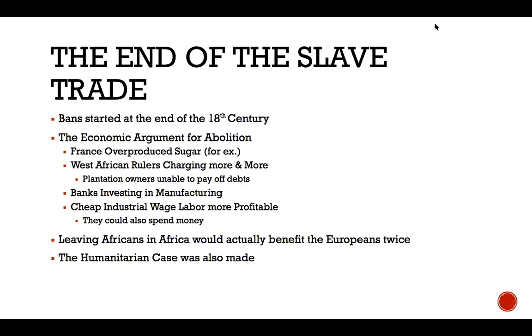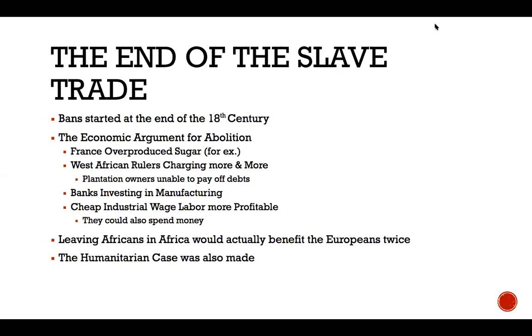For example, with the introduction of modern technology, France was beginning to overproduce sugar from the Caribbean plantations, which meant that as they flooded the market, things started to cost cheaper and cheaper.